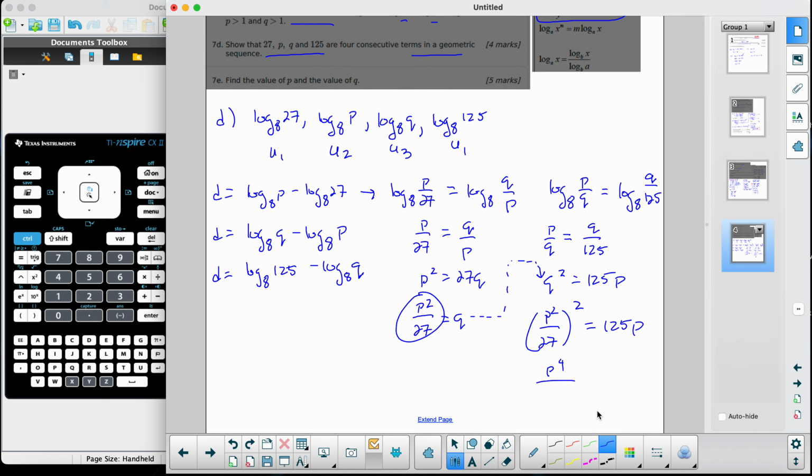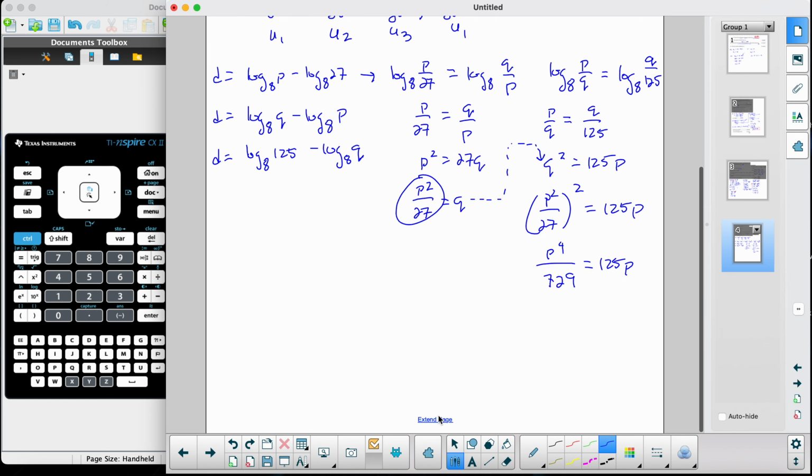So now I'm convinced the calculator is allowed. They're not going to make you square 27. 729. So P to the 4th over 729 equals 125P. Yep, 27 squared is 729. And so we're on a mission to solve for P, right?